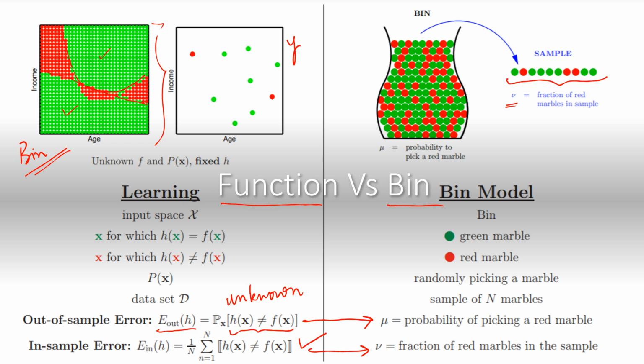A lot of things stay the same. A lot of things simply translate to a point or a function and so on. But this really helped us understand this translation from a bin to creating this learning problem, and also coming up with terms like the in-sample error and the out-of-sample error.